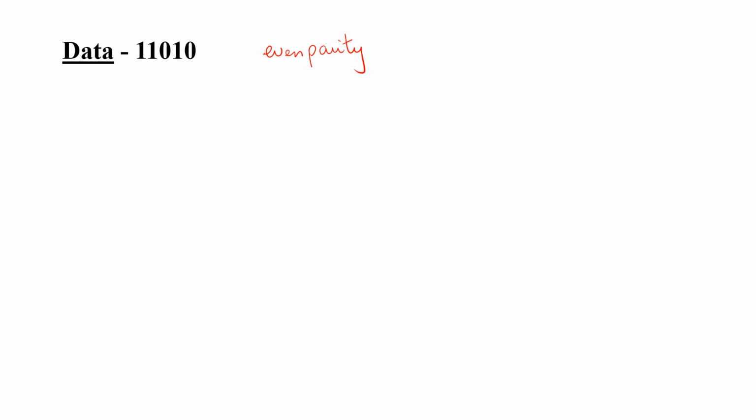As I discussed earlier, the positions of the data bits will be 3, 5, 6, 7, and 9. The positions of the parity bits will be 1, 2, 4, and 8. So from this, the length of the Hamming code will be 9 bits.